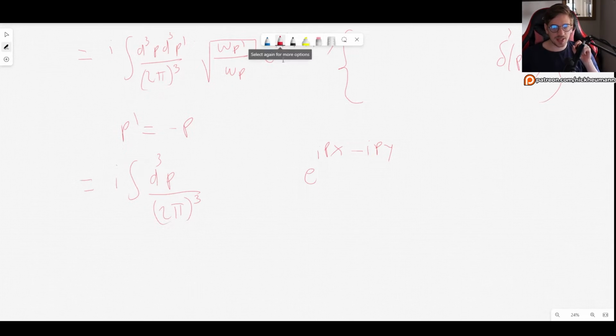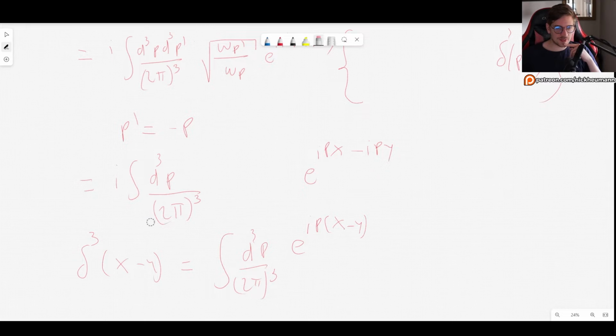Okay. And now this thing that we have here is, by definition, right? By definition, the Dirac delta of x minus y is written as the integral d³p over 2π cubed of e to the i p times x minus y. So by definition, that's what it is.